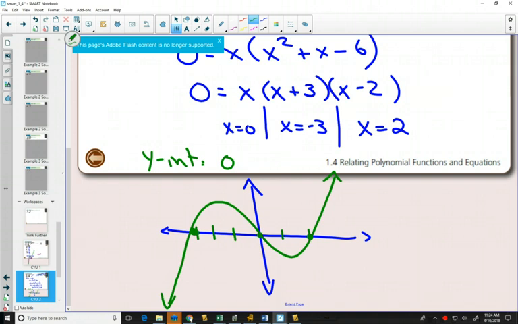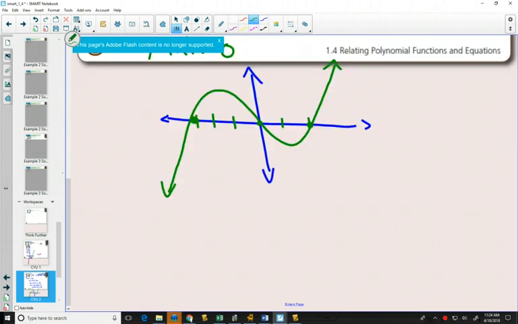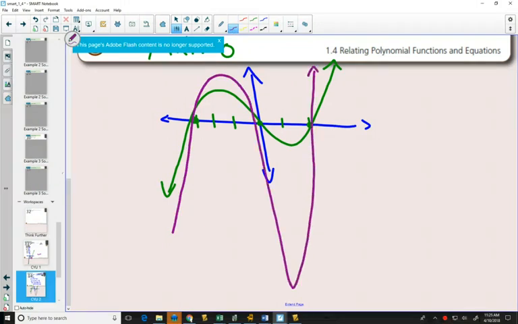This answer would be given full marks. What's the difference between the green graph and the purple graph?